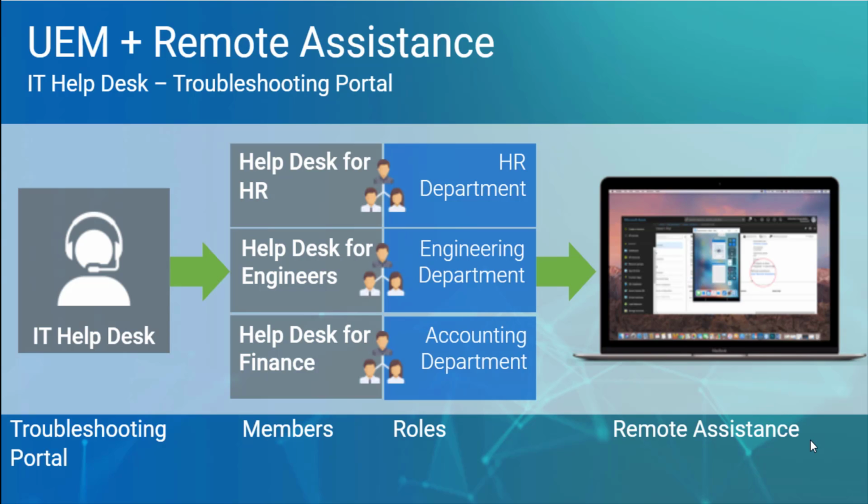Once the remote request has been accepted, the IT help desk will have full remote control to perform any necessary troubleshooting steps such as gathering more information, eliminating variables, reproducing issues, generating system logs, anything to really lock down what the issue is and provide the remote support.